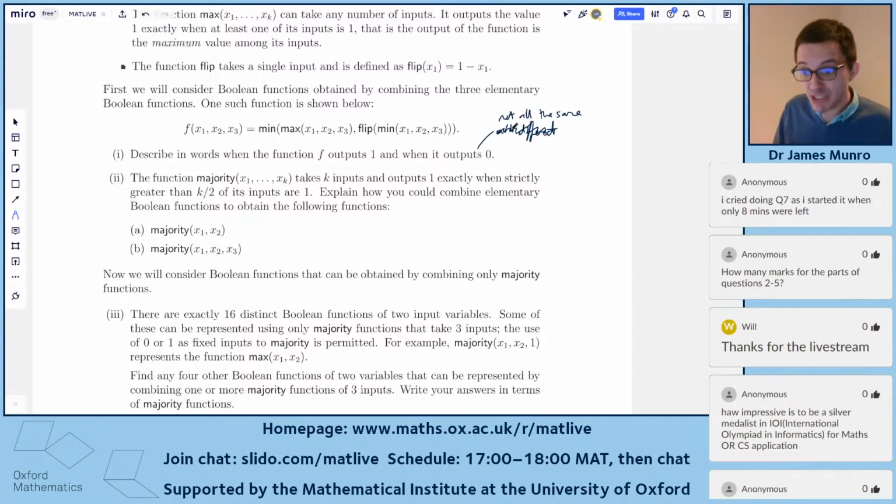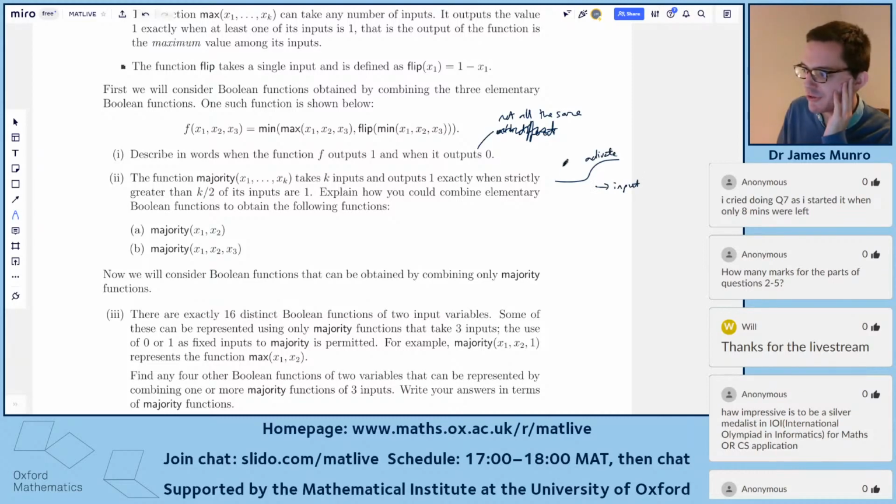Okay, big chunk of this question introduces the idea of a majority function, which is a bit like voting. It gets the inputs, and if more than half of them agree that the value should be 1, then it activates and it takes the value 1. It's a little bit like in AI, in neural nets. You have an input signal, and you want this thing to switch on, to activate.